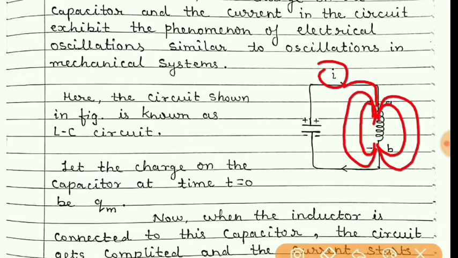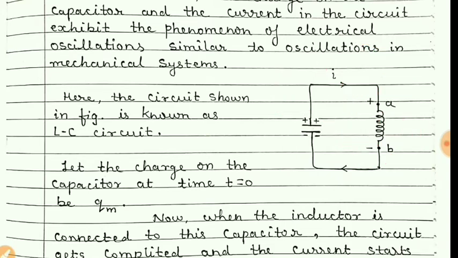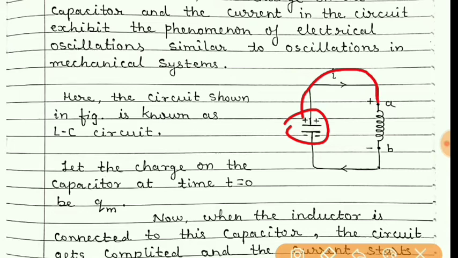So students, as the capacitor discharges, its energy decreases, but as there is a production of or induction of magnetic field in an inductor, there is an energy associated with an inductor. So energy of capacitor gets transformed into the energy of an inductor in the form of magnetic field.